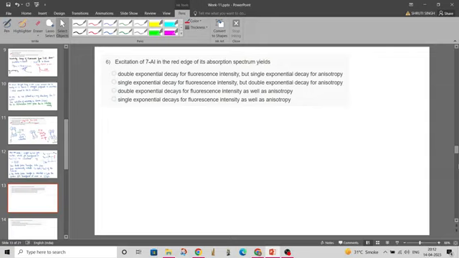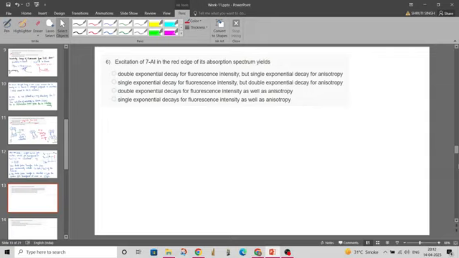First, double exponential decay for fluorescence intensity, but single exponential for anisotropy. Second, single exponential for fluorescence intensity, but double exponential for anisotropy. Third, double exponential for fluorescence intensity as well as anisotropy. Fourth, single exponential for fluorescence intensity as well as anisotropy.